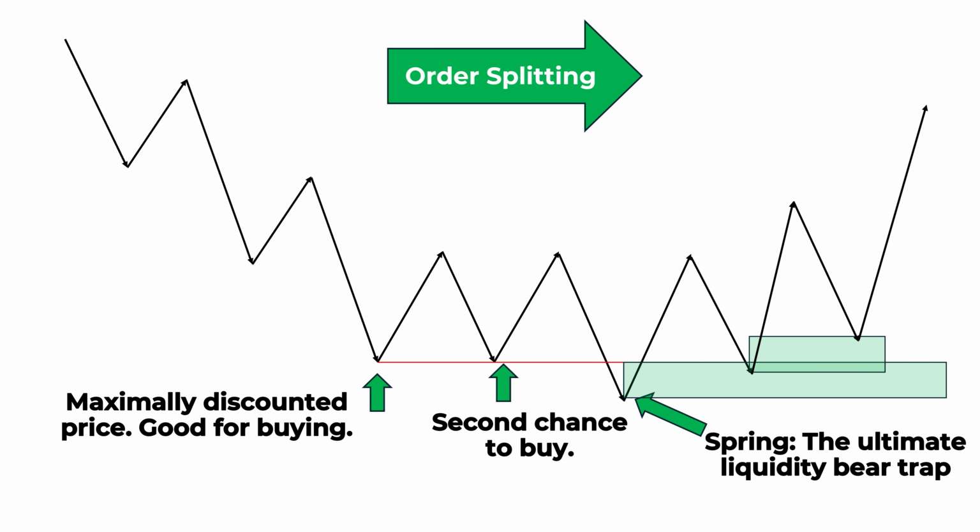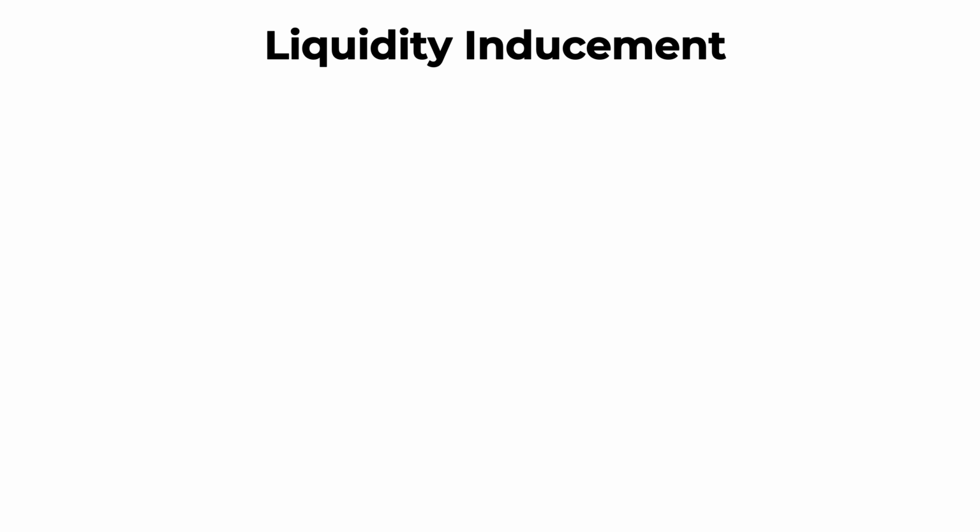The institution still has the sole purpose of going long and executing the rest of that massive position. At the end of a pullback, the institution has another chance to execute part of the long position at a discounted price. That in turn will trigger the next impulse movement and so on. The capacity of institutions to get in at the demand zone is also influenced by the idea of liquidity inducement.